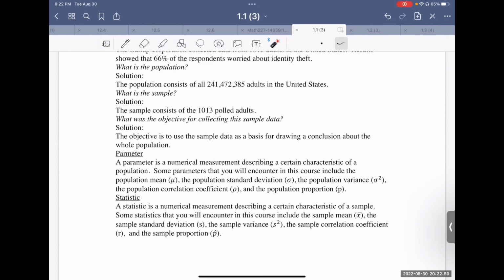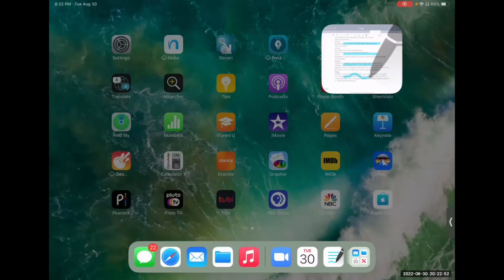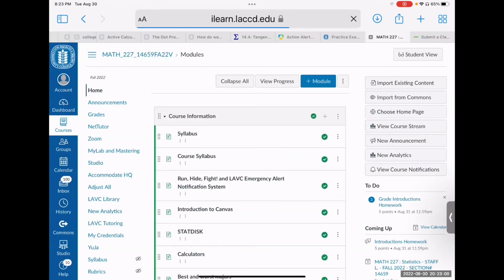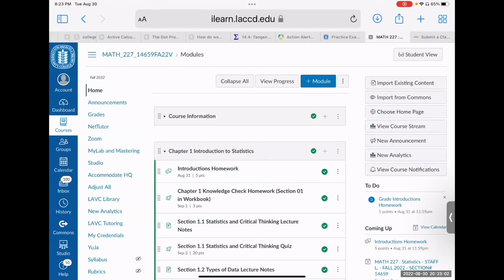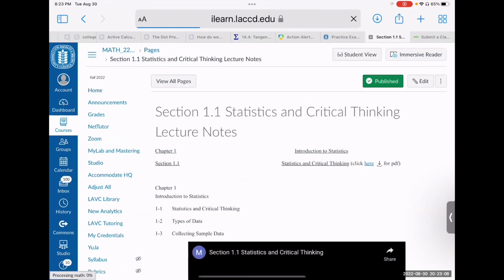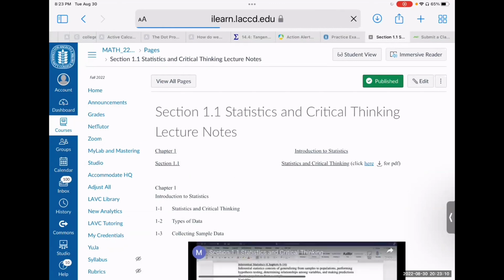Oh, and I should say, if you go to section 1.1, here are the lecture notes.